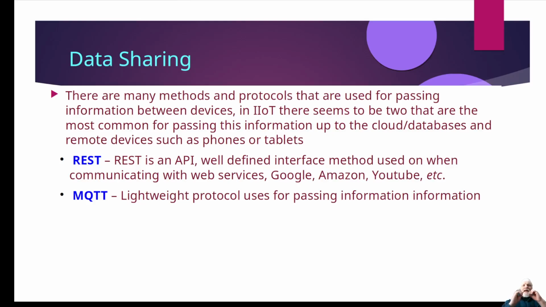It's got a lot of overhead, but that overhead provides a lot of functionality, whereas MQTT is great for passing little bits of information and has virtually no overhead at all. But it has its limitations also.